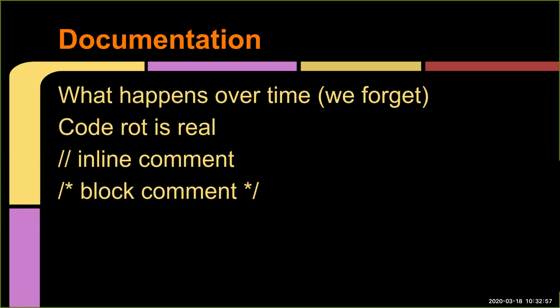What happens over time is that we forget what we were doing, where we left off. I have a lot of projects that are 90% of the way done. The code's written, it's there, and it's probably semi-functional, but to really finish the project would require only a few more lines of code out of hundreds or thousands of lines.